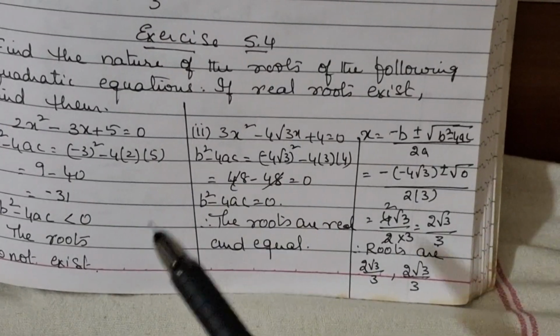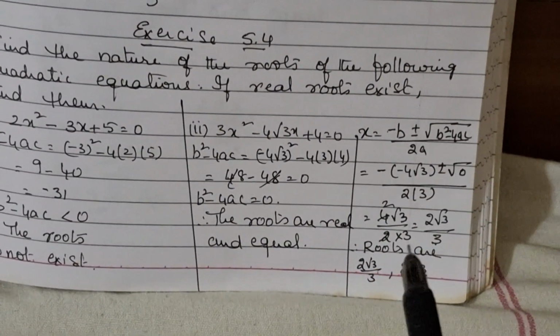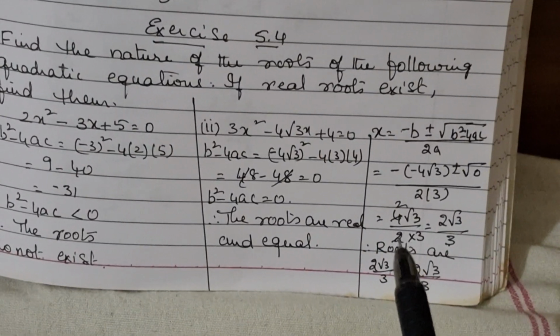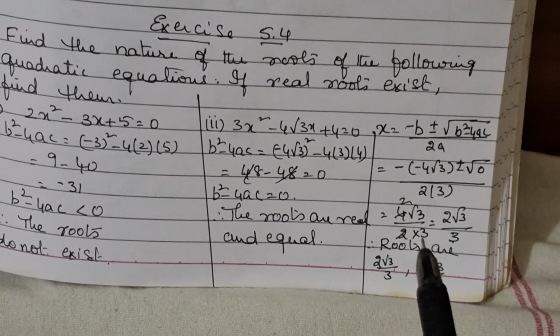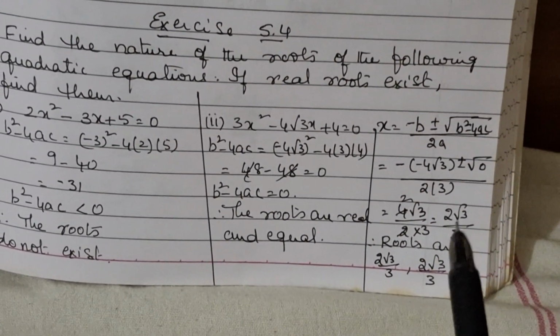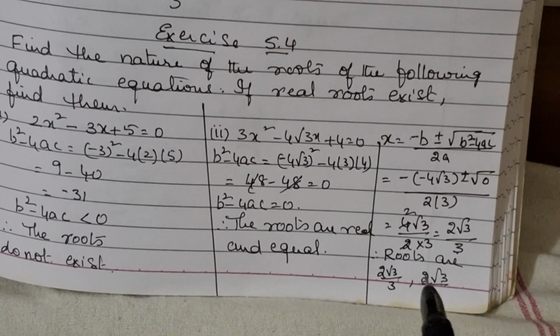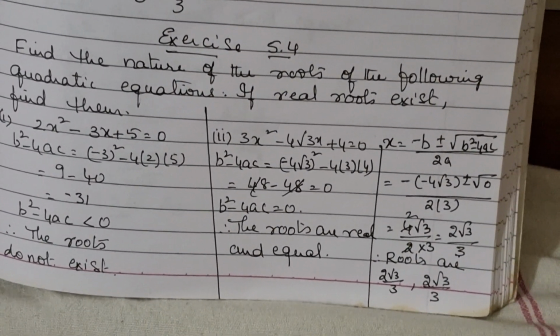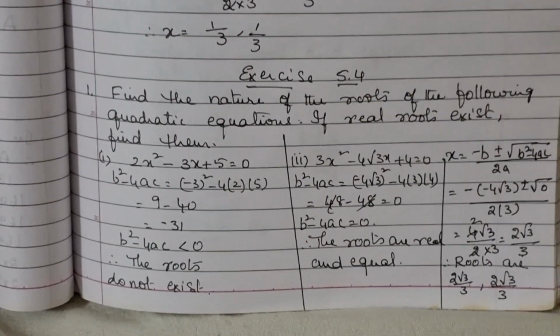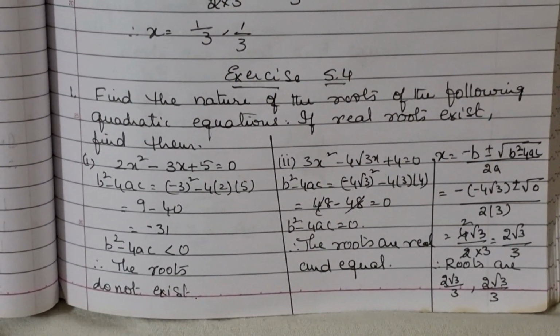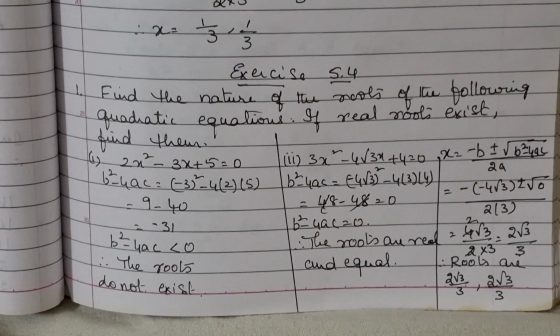So 4√3 by 2 into 3, what are you getting? 2 ones are 2, 2 twos are 2√3 by 3. That is 2√3/3. Roots are real and equal, so both are 2√3/3 and 2√3/3. So these are the answers for the first problem of exercise 5.4, children.